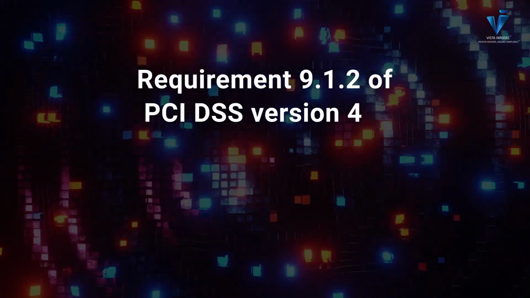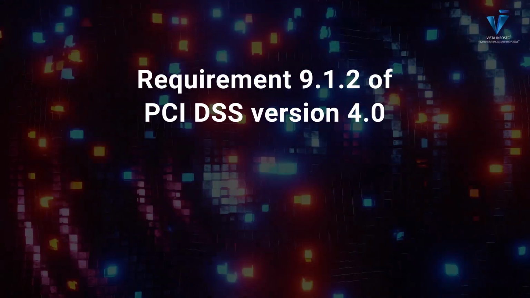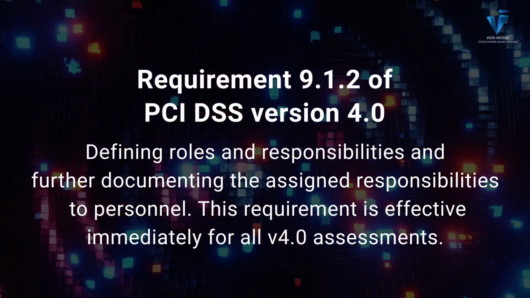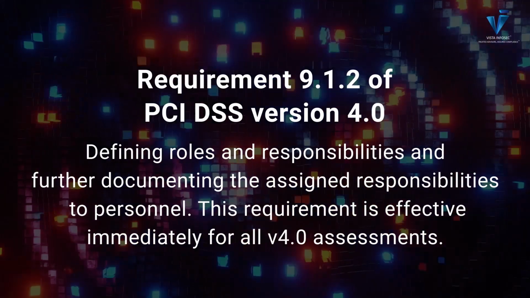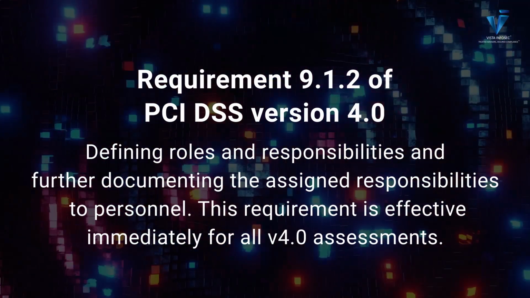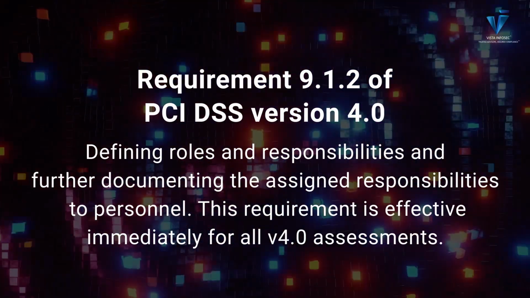This has been newly introduced in PCI DSS version 4, and this is standard across all the requirements from requirement 1 to 12. This basically speaks about defining roles and responsibilities and documenting the assigned responsibilities to personnel. And this is immediately effective for all version 4 assessments.